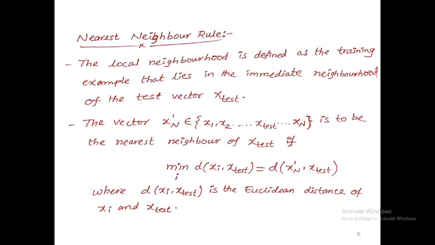That means the distance between xn dash and x test is the minimum distance, indicated with d of xn dash comma x test, where d of xi comma x test is the Euclidean distance of xi and x test. That is the normal distance, generally called the Euclidean distance.